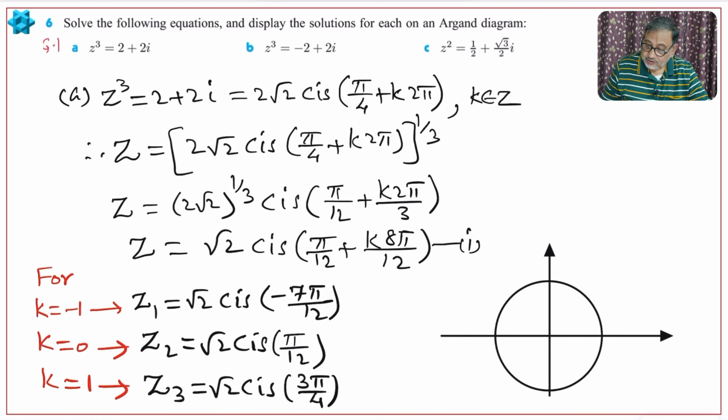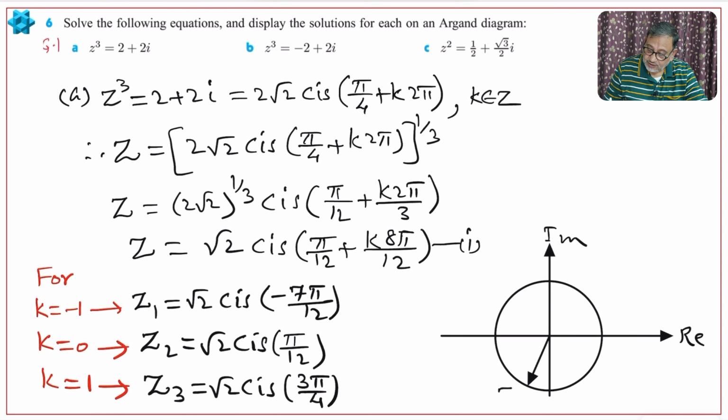Okay, this is the real axis, this is the imaginary axis. Now these three roots, see, negative 5 pi by 12 will be somewhere here, right? Let me redraw.